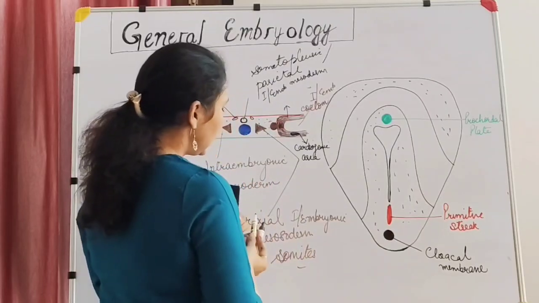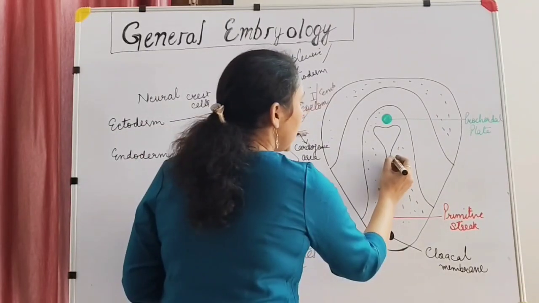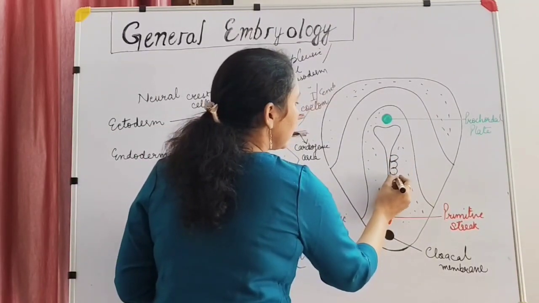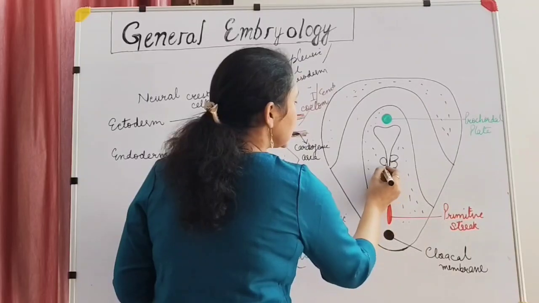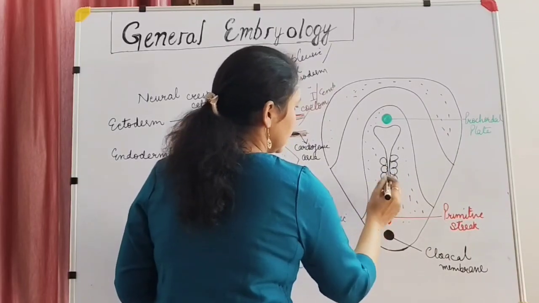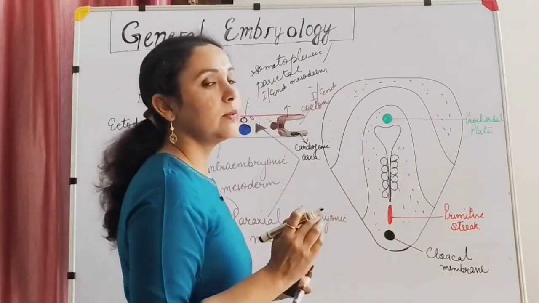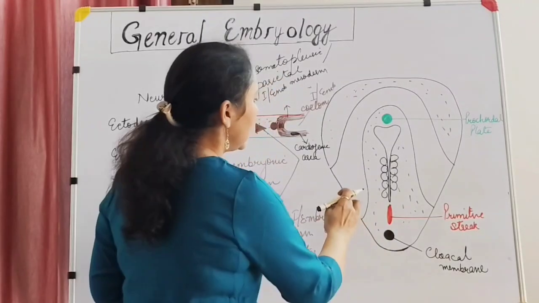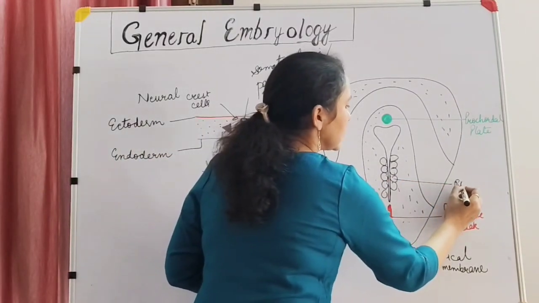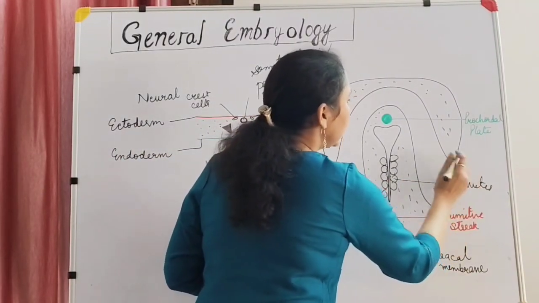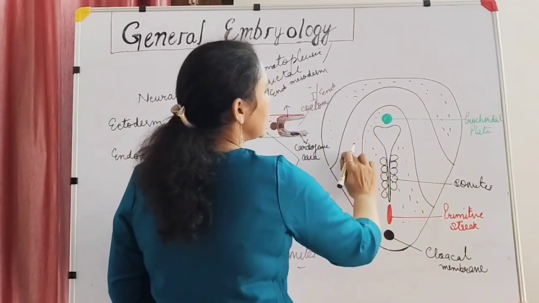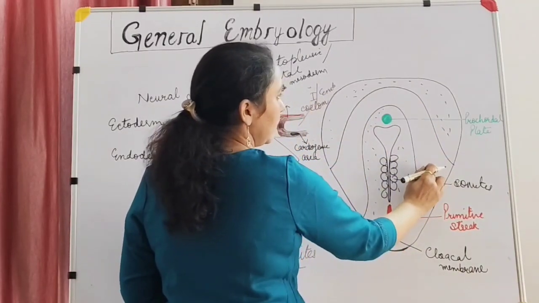Then there is a paraxial mesoderm from which there will be the formation of the somites that will form the skeletal system. From the intermediate one, we'll have the urinary and the genital system. So these are the somites. And then there is a lateral plate. So this will form the coelom, the intraembryonic coelom.